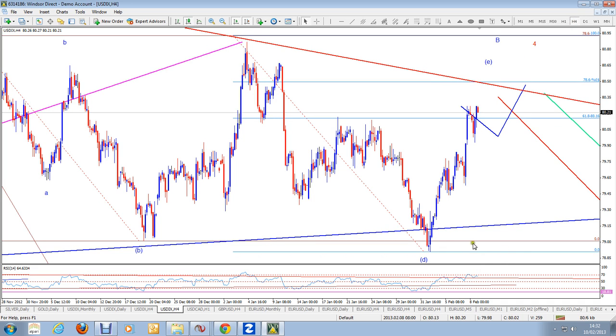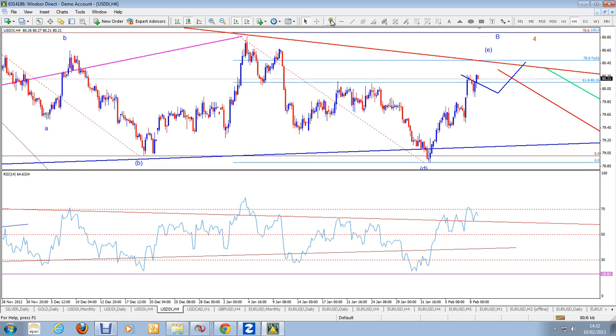At the moment there's no evidence of that, because this one clearly looks like a complete wave, and also this one looks quite strong. But then if you look at it on RSI, you see RSI is already beginning to curl up on the 4-hour chart. So I think it's not so easy.